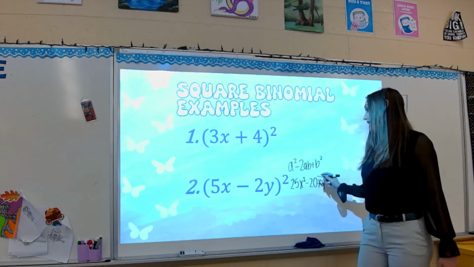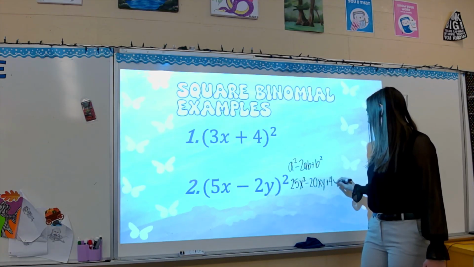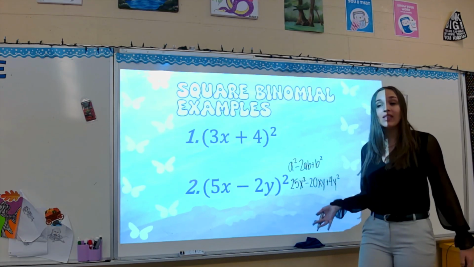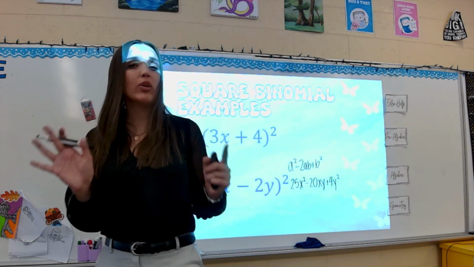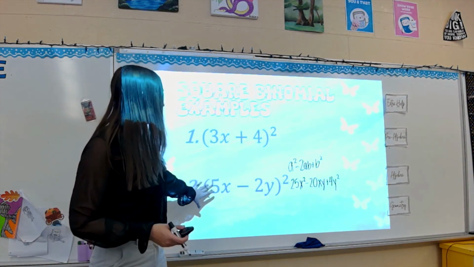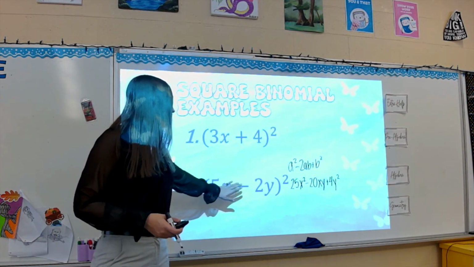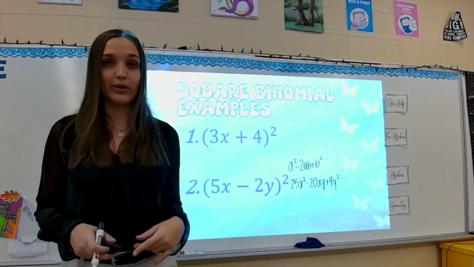So 2 to the second power is 4, y to the second power. And that would be my final answer. So without having to write out that formula, you can do that. But I have to think, I'm squaring the first term, minus 2 times this, plus my b term squared.